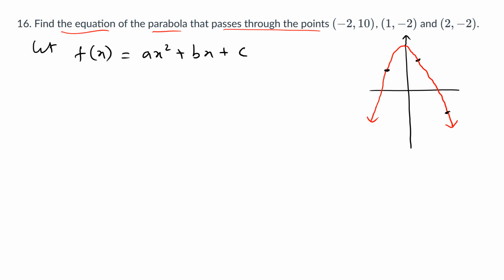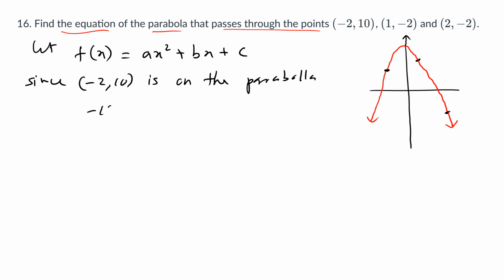Because the parabola passes through each of those points, each of those points is going to satisfy this equation. Since (-2, 10) is on the parabola, we're going to plug in.